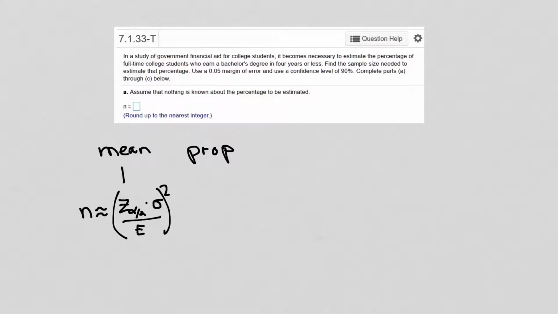If it's about a proportion, there are two possibilities. Either you have an estimate of P, or you have no estimate.